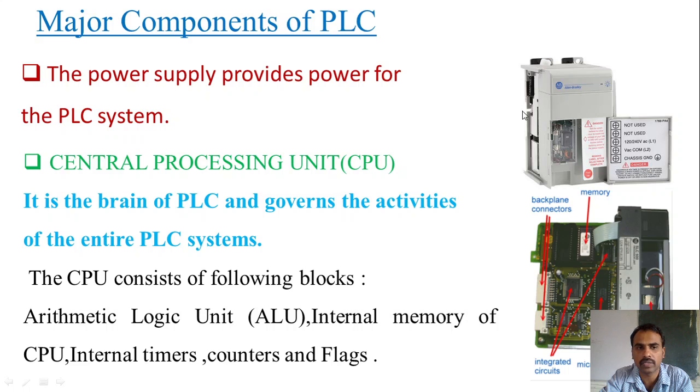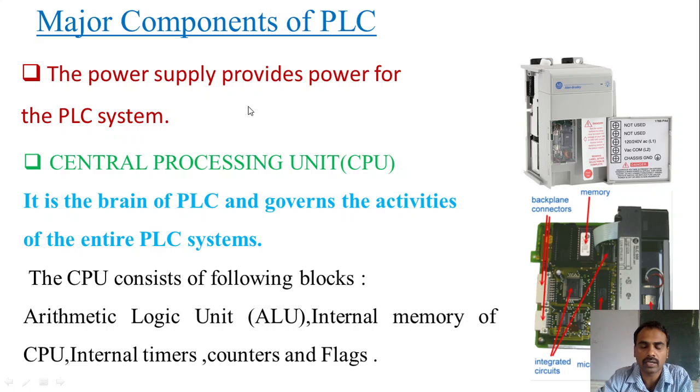The main function of the power supply unit is to provide power to the whole PLC, and it will regulate the power supply to the required level for all the components. That means it will maintain that particular voltage.